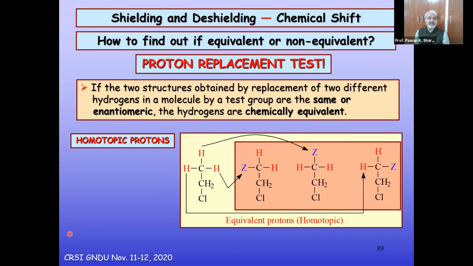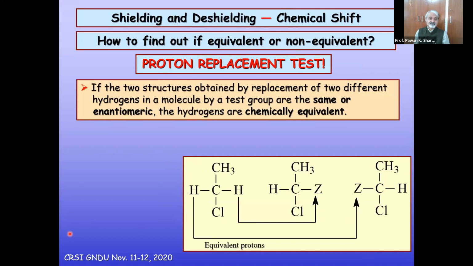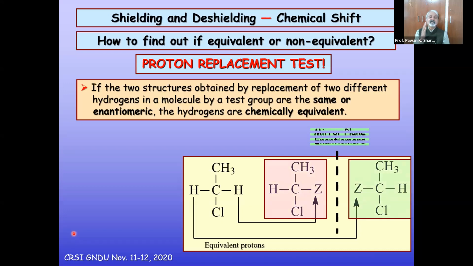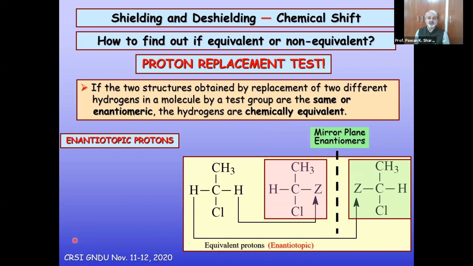On the other hand, if we get enantiomers, for example, in chloroethane, this CH2, when I replace this one H with bromo, and this one with bromo, in both cases I get one bromo, one chloroethane, but I get enantiomers. So again, these two protons are equivalent, but they are not homotopic, they are enantiotopic.